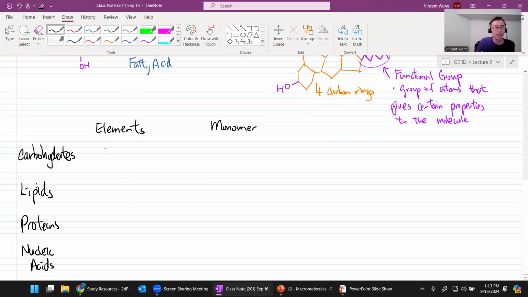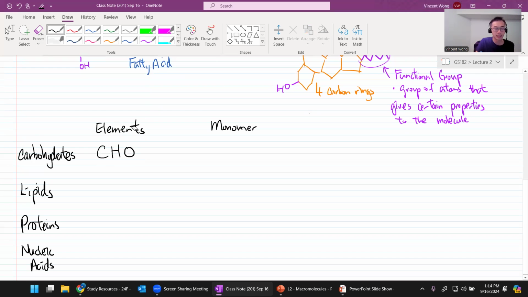Quickly, anyone. For the elements of carbohydrates, what are the different elements that make up a carbohydrate? Cellulose is an example of carbohydrate, but what are the elements that build it up? Oxygen. Carbon. And hydrogen, right?